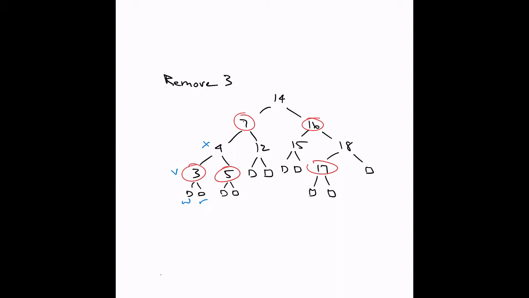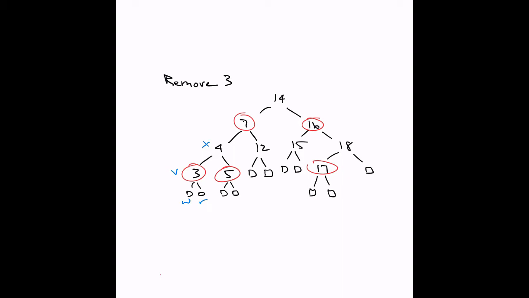Now, in the case of red-black trees, if we're removing a red node, we just remove it. That's the simplest case. We only have to worry about restructuring the tree when we remove a black node, and we'll see the different cases for removing a black node.